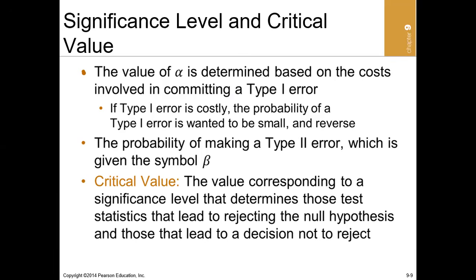A critical value is the value that corresponds to a significance level and determines those test statistics that lead to rejecting the null hypothesis and those that lead to a decision not to reject. In simple terms, every critical value has a corresponding significance level.